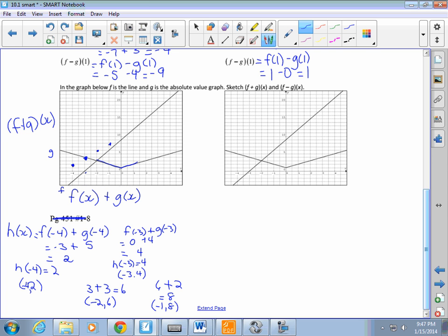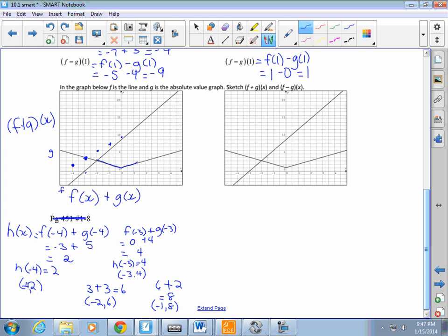So if I tried the next one, if I tried it at 0 here, my f graph was up here at, I think that's a 9, and then my g graph is here at 1. 9 plus 1 is 10. So my point is right here. That is 1 away, even though it's hard to see on here.